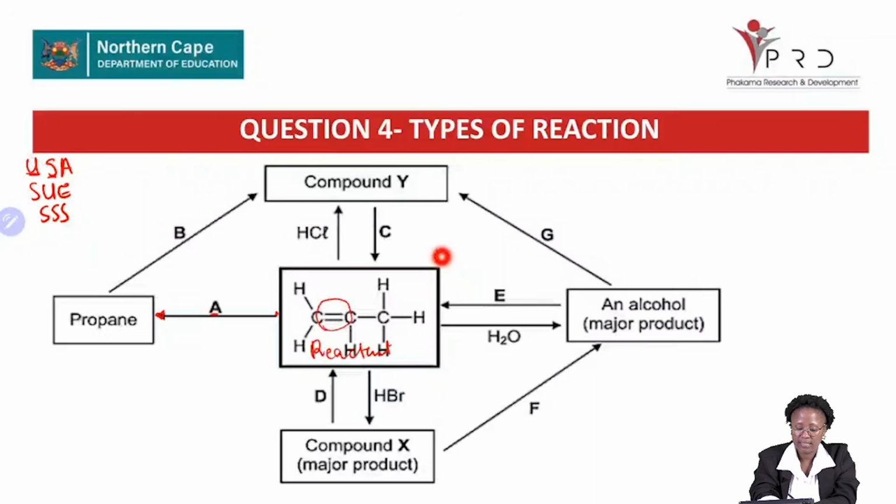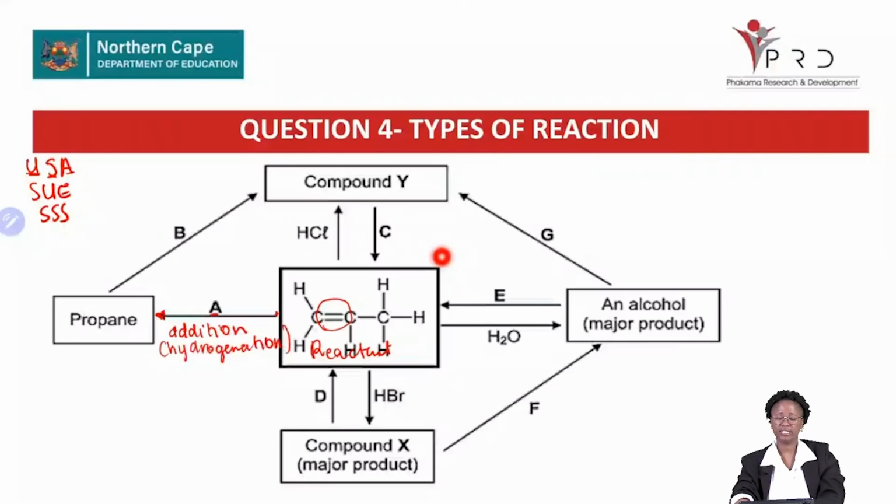Unsaturated reactant, saturated product, the type of reaction is addition. So A is an addition reaction. What did we add to get a propane from a propene? We have added hydrogen. Therefore, hydrogenation is the type of addition reaction.